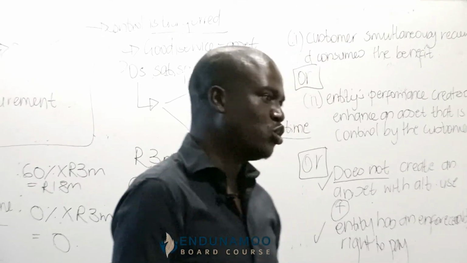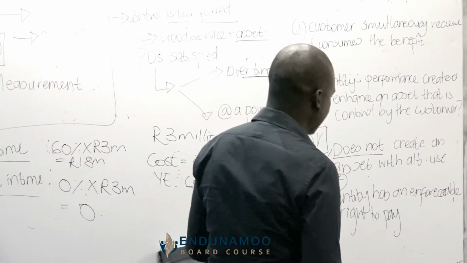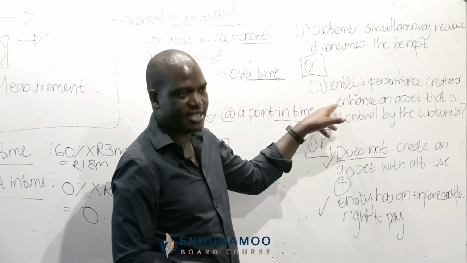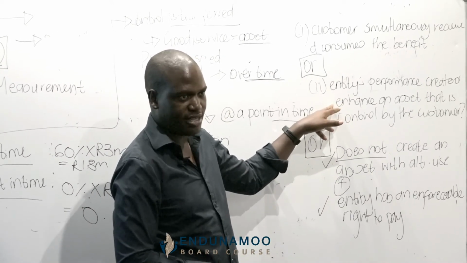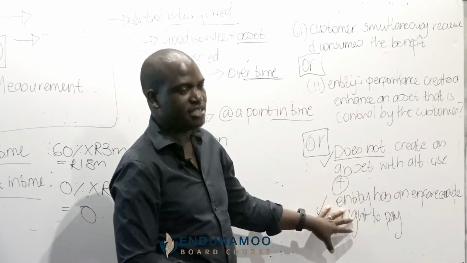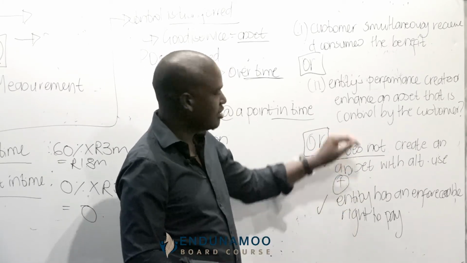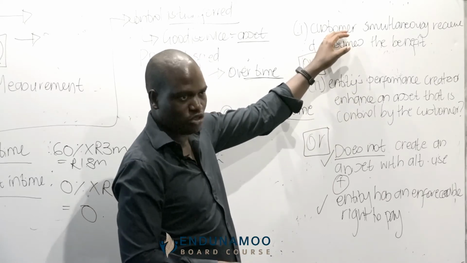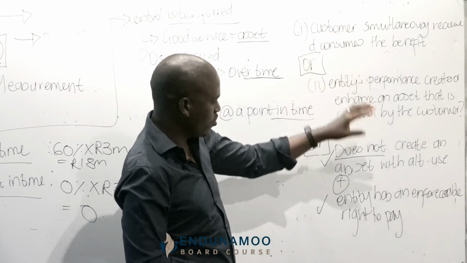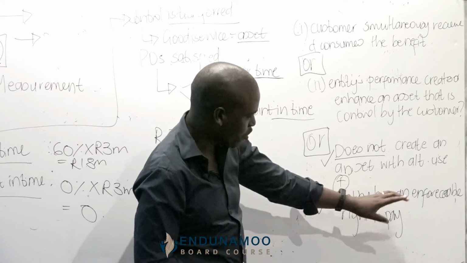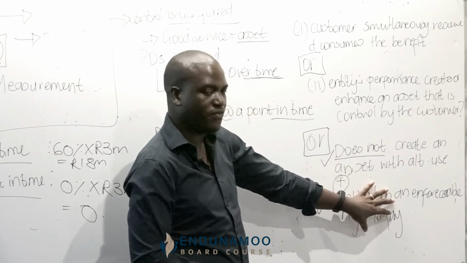And if condition number 2 is not met, it means that you have to go and test this one. Do you understand? So if 1 is met, you are fine. But if this is not met, you have to test the remaining 2. So we are saying that for part B, or for Roman figure 2, there is no enforceable right to payment.